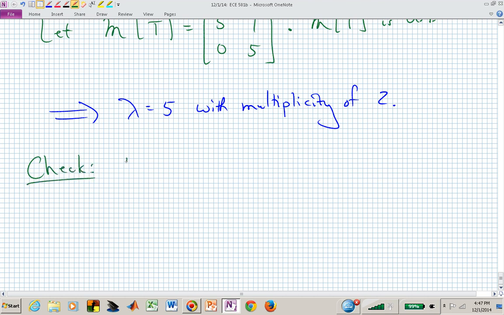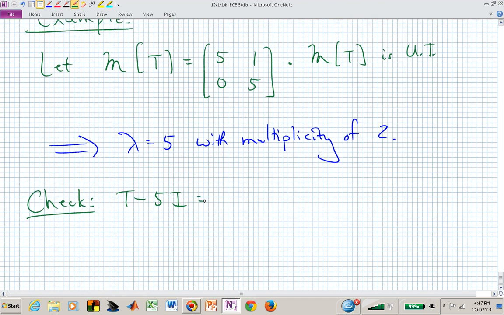So now if we check to find out about its eigenvectors and generalized eigenvectors, we look at T minus 5I. The matrix representation of T minus 5I becomes what? If I subtract 5 off the diagonal, I have 0, 1, 0, 0. And what eigenvector will live in the null space of that matrix?